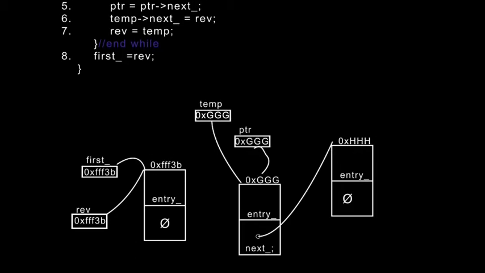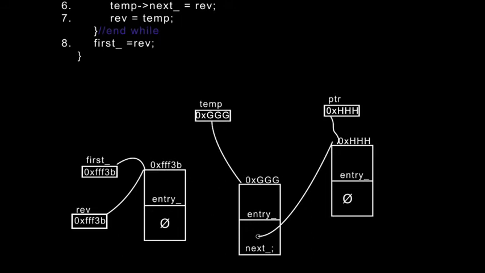Okay, let's move on to line 5. Remember what PTR equals PTR next does? It walks PTR down the line. Let's go walking PTR. Now let's move to line 6. Let's see what line 6 says. It says take the value that's in rev and put it into temp's next.